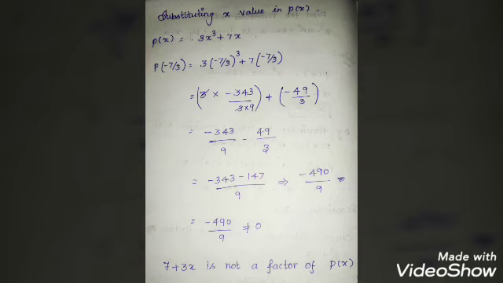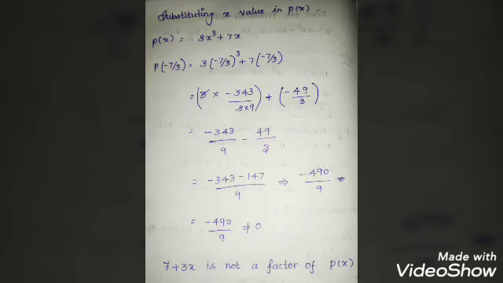So p of minus 7 by 3. 3 into minus 7 by 3 the whole cube plus 7 into minus 7 by 3. So 7 cube by 3 cube will give you 343 divided by 27 plus minus 49 by 3. Right? Take the LCM. 9 is your LCM. So minus 343 minus 147 will give you minus 490 divided by 9, which is not equal to 0.